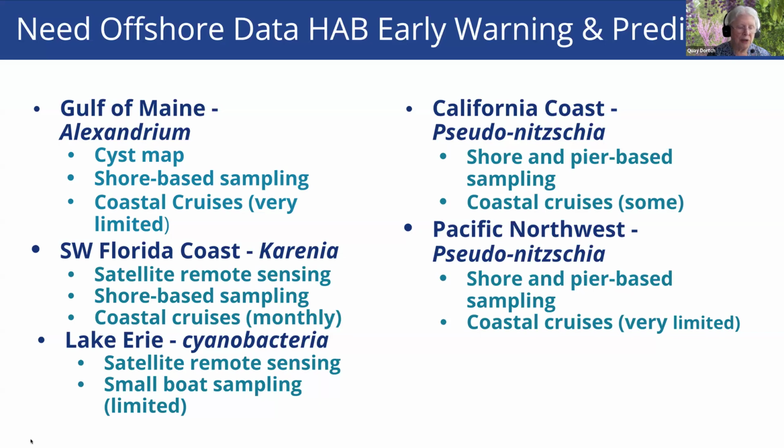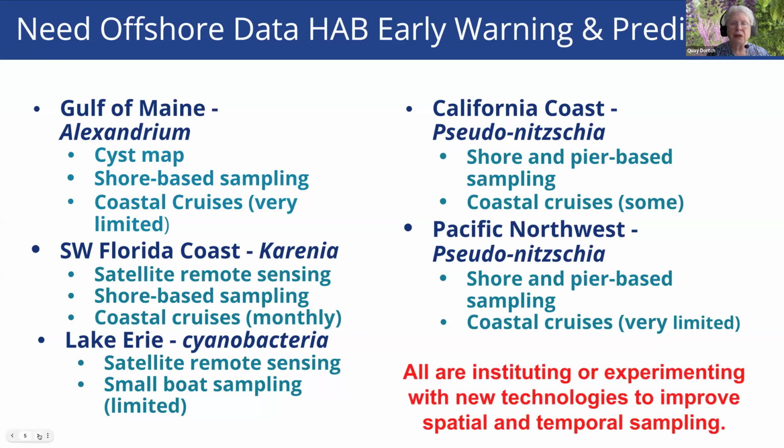Ships are hard to schedule and they're very expensive. It's particularly hard in an event response mode. Remote sensing does not work for all species and in all regions at all times. Thus, there is very poor offshore coverage in most cases, and shore-based sampling could have better temporal and spatial coverage as well.